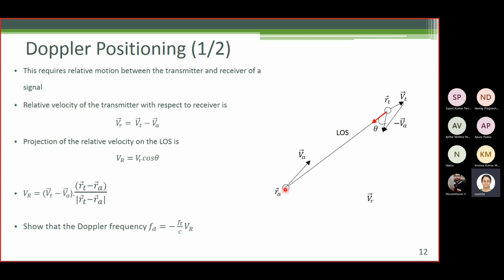That's why we are interested in finding the surface of position. The measured quantity here is VR. So you are interested in finding the surface of position for constant VR measurements, provided RT, VT and VA are given. Think about it and then tell me what you think will be the surface of position in this case.